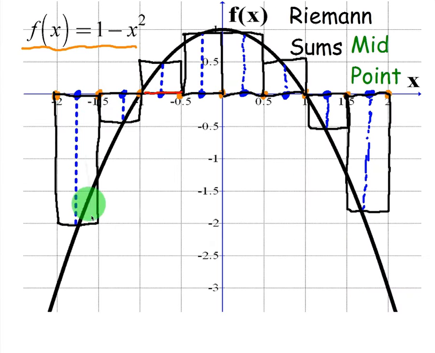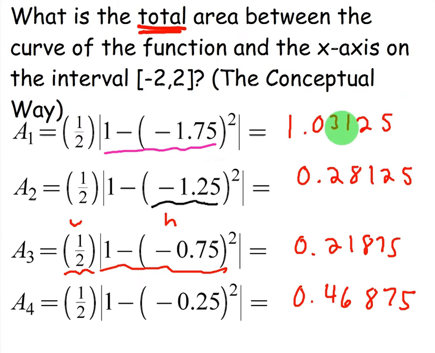So the area of this first rectangle using the midpoint method is a little bit more than 1, which we can see because that y value is very close to negative 2. If we multiply it by the width of this rectangle, which is 0.5, it would be around a positive area of 1.